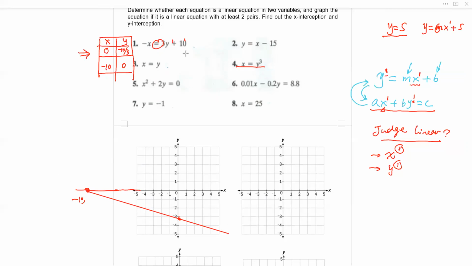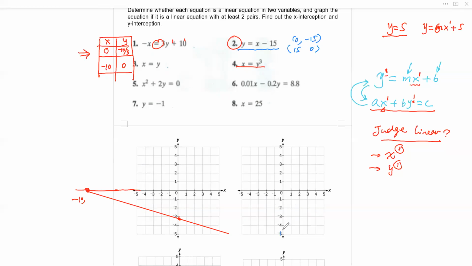Now number 2. Number 2 here is also a linear line. When x is 0, y equals negative 5, and when y equals 0, x equals 15.